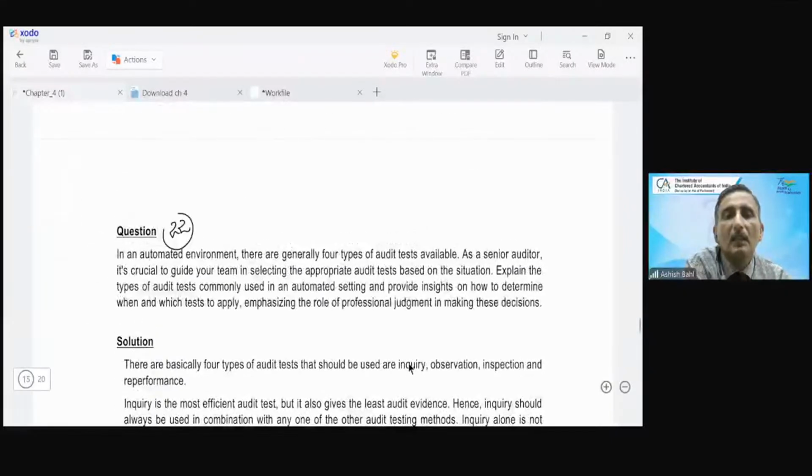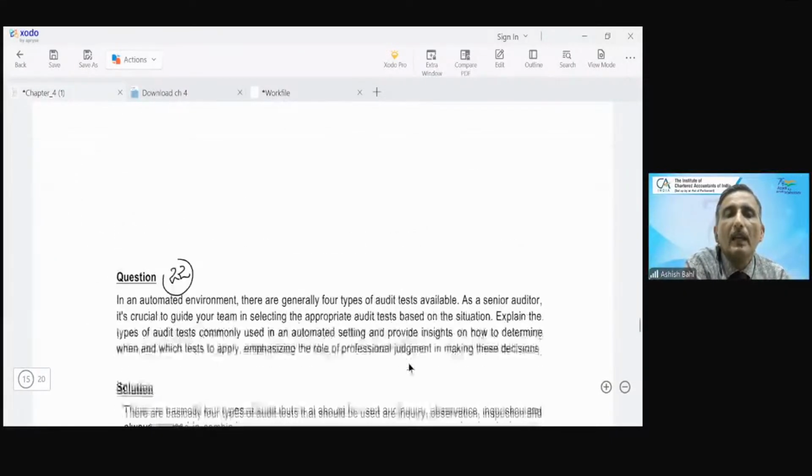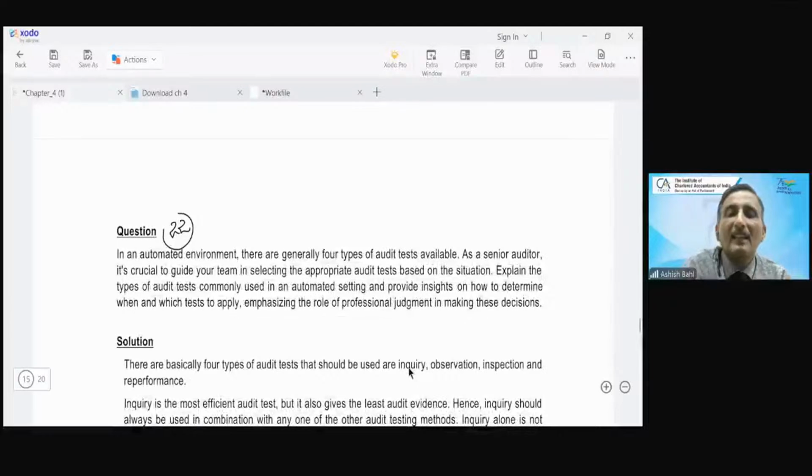See question number 22. In an automated environment, there are generally 4 types of audit tests available. So the question is asking about the audit tests, means audit procedures, which are performed by the auditor in an automated environment.